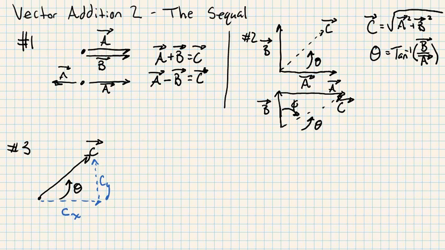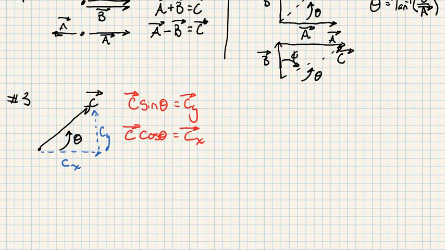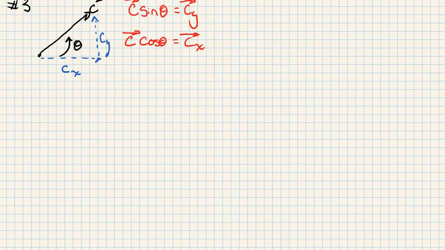And we had said that to get our different components, C sine theta will give us Cy, and C cosine theta will give us Cx. And if you don't remember how I derived this, I derived it in the components of vectors video. Now, using these three rules, we can solve any problem involving vectors in 2 dimensions.